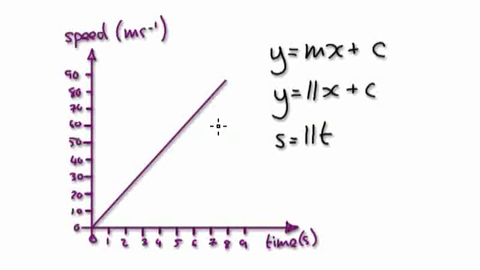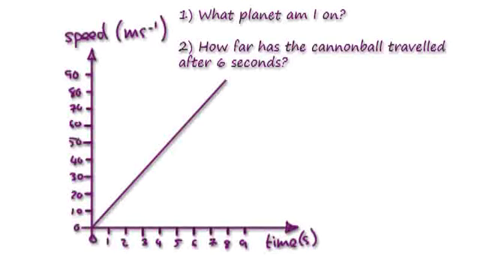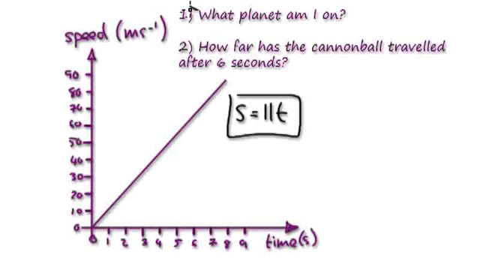So the equation of a straight line here is s equals 11t. My question is, what planet? Question one is, what planet am I on? And question two is, how far has the cannonball traveled after 6 seconds?